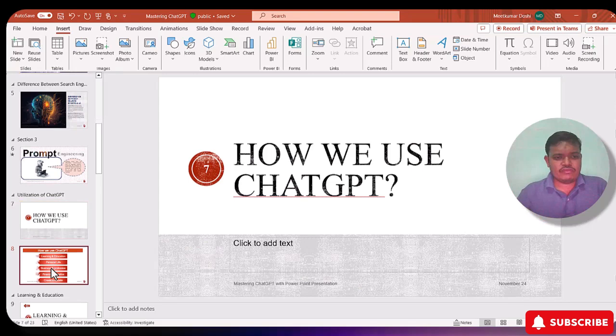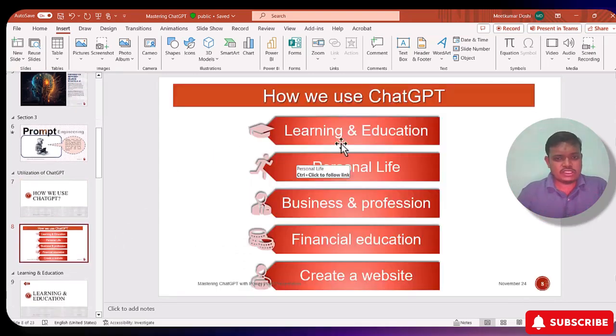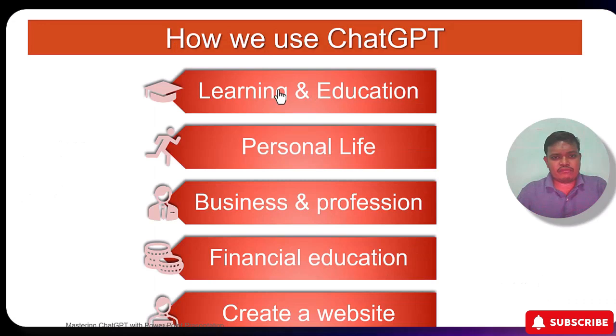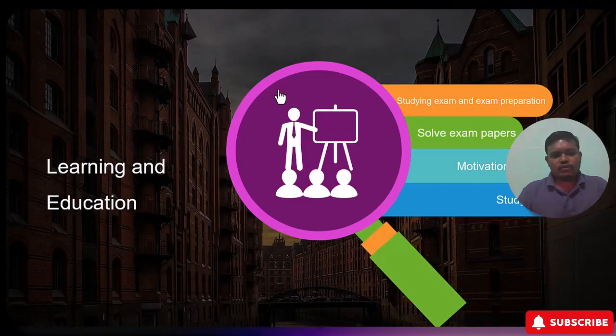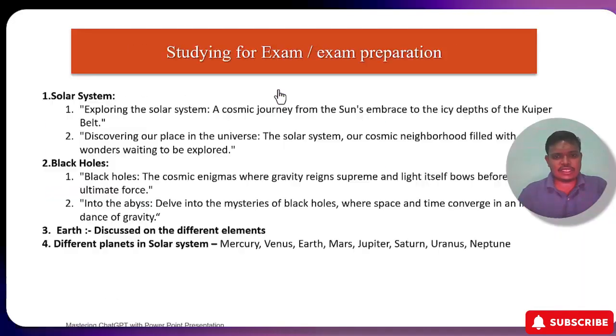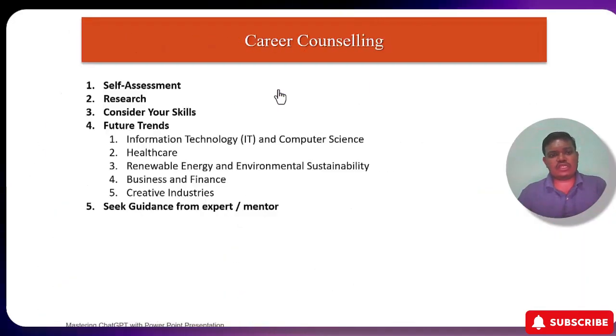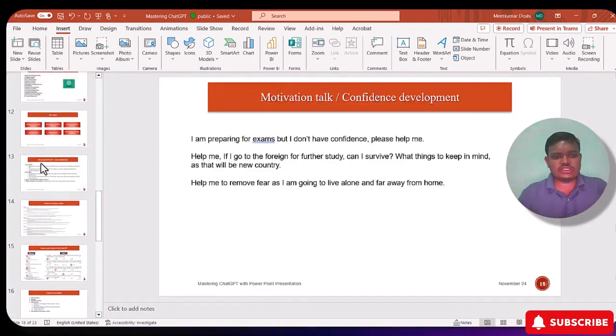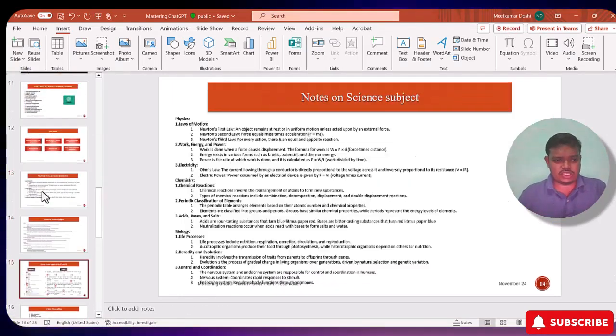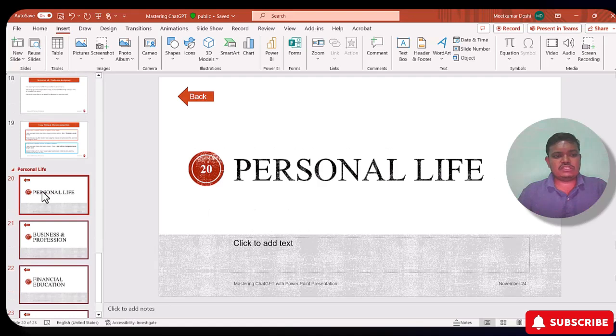And then we also created some buttons, so that when we click here we directly jump to a particular slide, and with the down arrow we move to the next slide, next slide, next slide. Likewise we have created all the content, and also we have learned how we can use ChatGPT for learning and education. So I hope you are clear with all these things.